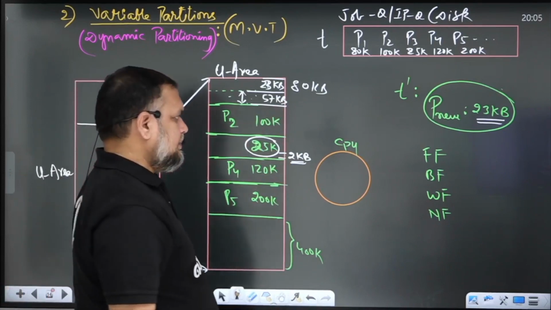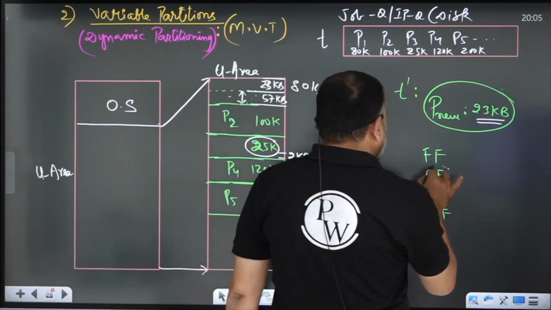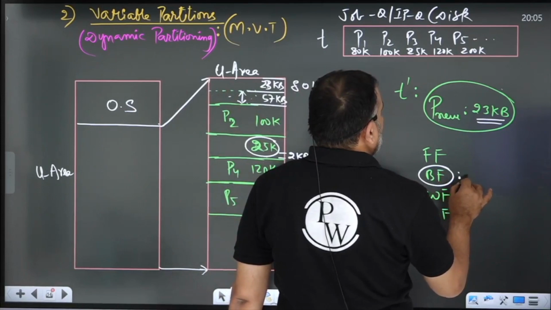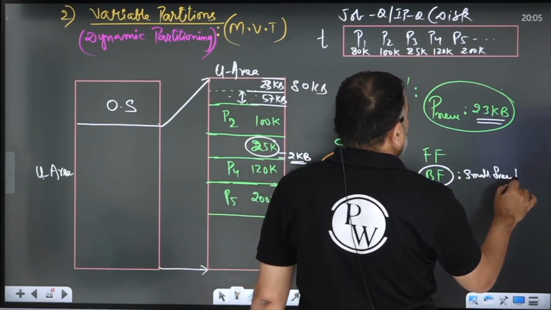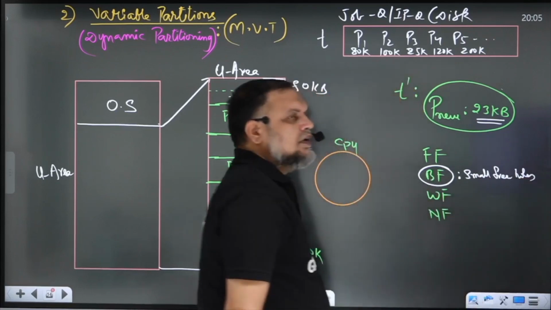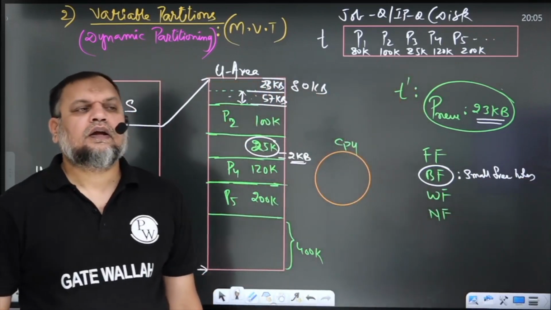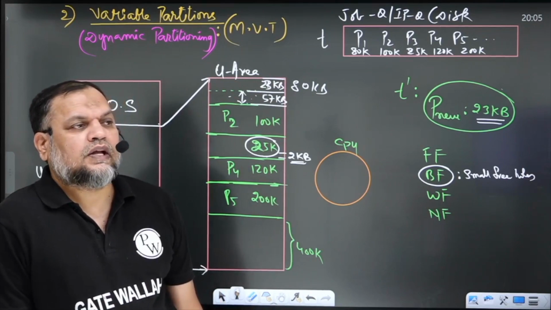So best fit allocation policy will result in creating small free holes in variable partitions, which may always go waste in the form of external fragmentation.